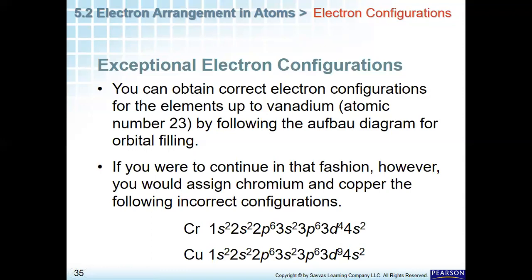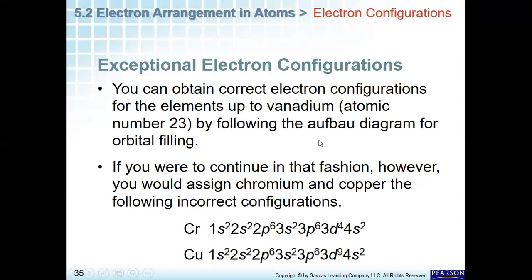And 1 electron from copper will move from 4s2 to 3d9 to make it 3d10, and 4s1, to be filled with electrons in 3d10.